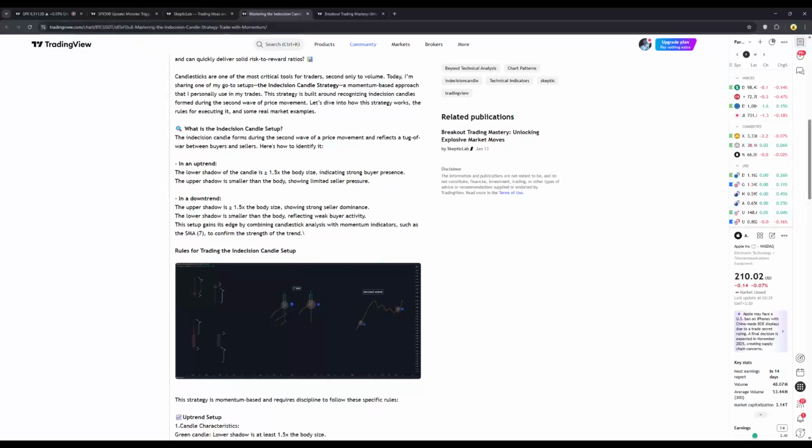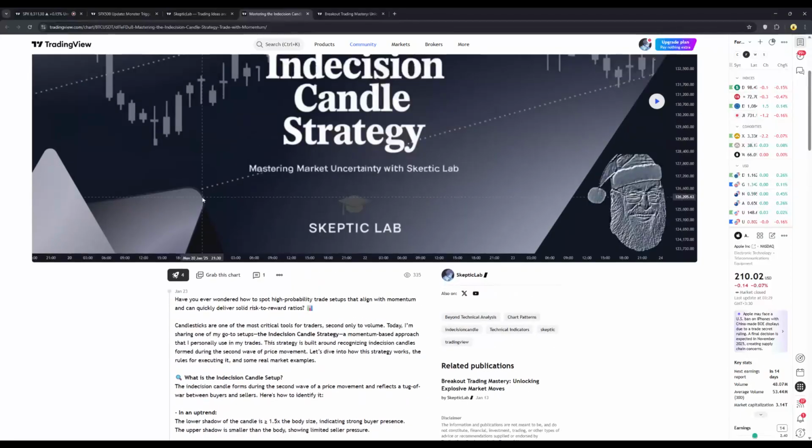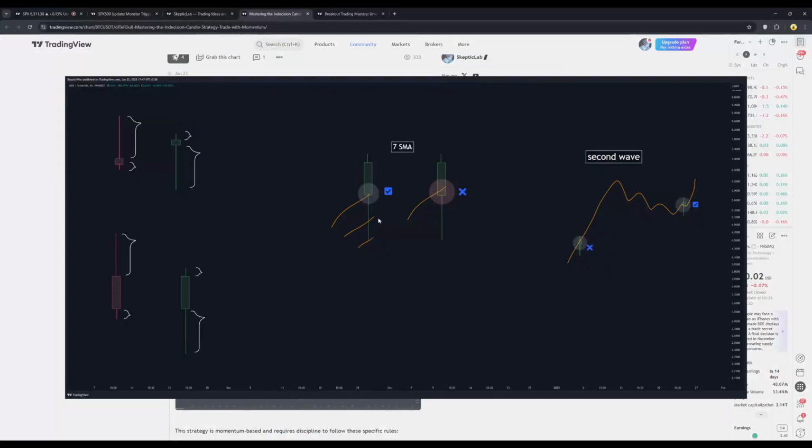For example, in an uptrend, the lower shadow of the candle is more than 1.5x the body size, indicating a strong buyer presence. The upper shadow is smaller than the body, showing limited seller pressure. So that's an indecision candle that would have a massive risk ratio for you.